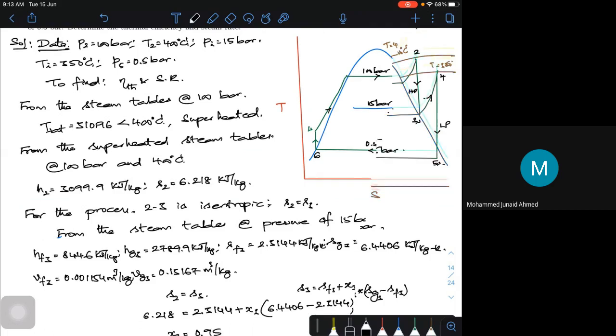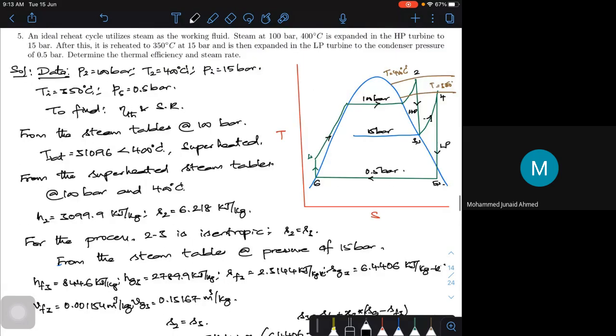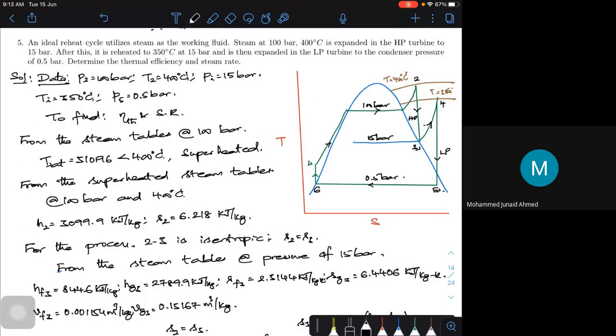So I need to go to the superheated steam tables. From the superheated steam tables, at 15 bar and 350 degrees Celsius, I have to get the enthalpy at point 4, that is H4 and S4.